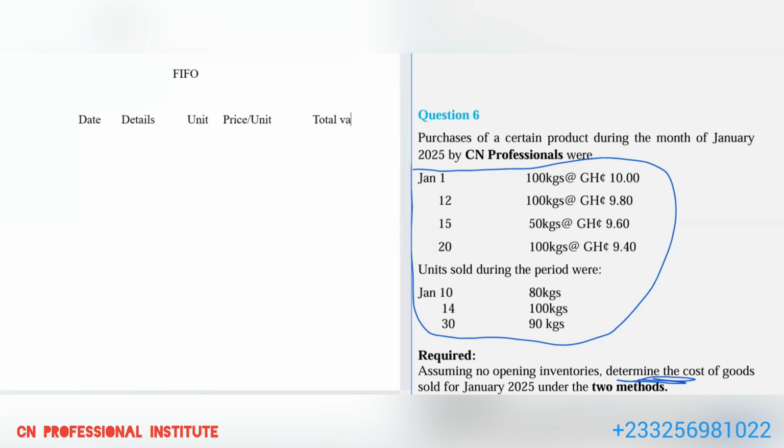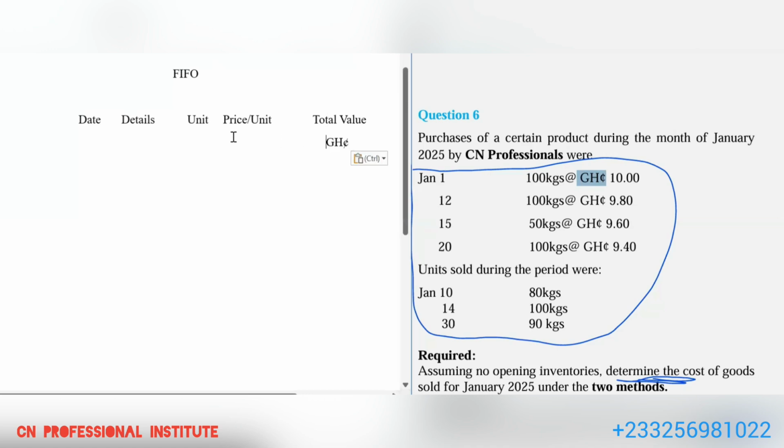So I have my total value. Let's start solving. I know the total value will be in Ghana cedis, so let me put the cedi sign here.